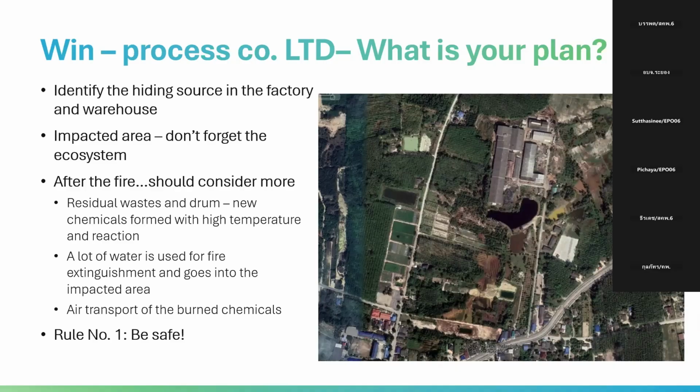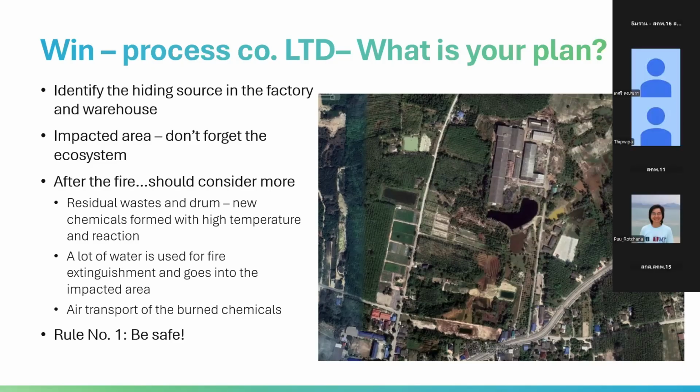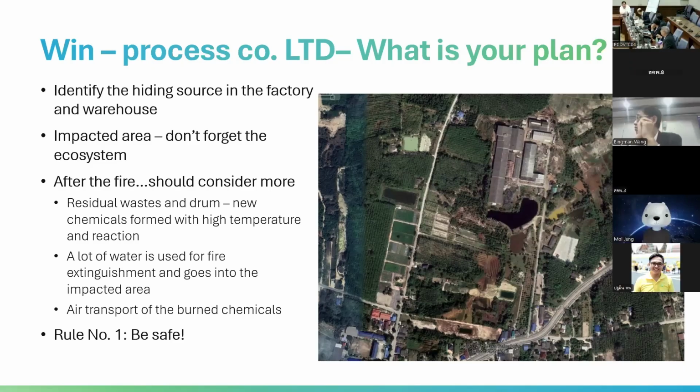Just want to ask a question, because it might be a question where many of the team in PCD have problems with a complicated site like this one. You talk a lot about sampling location.